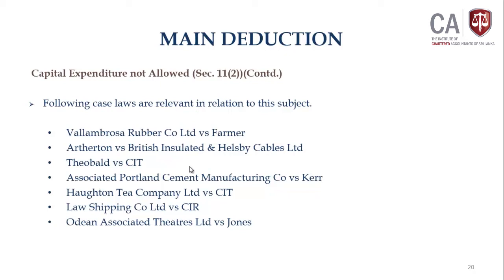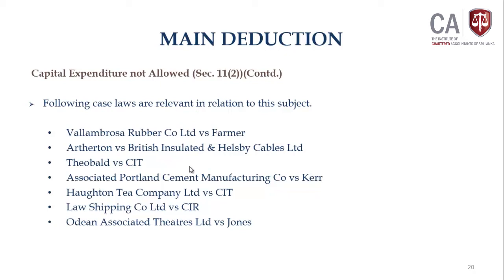Atherton versus British Instrument Hurlsby Cables Limited, again the principle is what? Enduring benefit test. The expense results in enduring benefit to the business. There is creation of an asset within the business, a fund within the business. It's a capital nature cost.